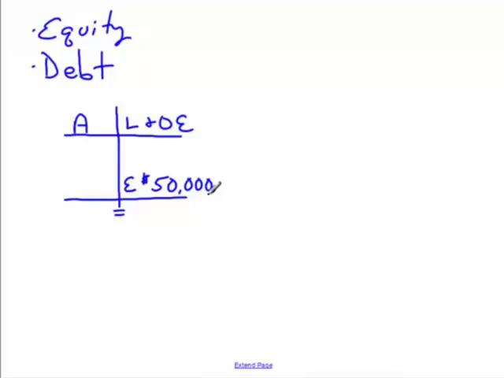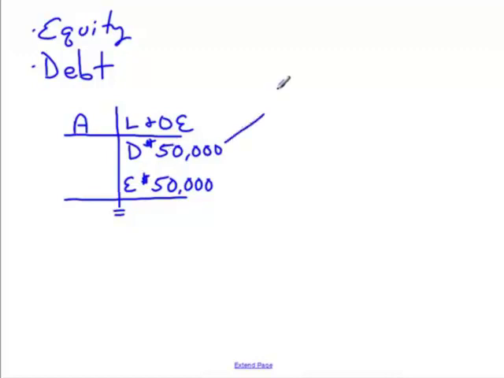We're concentrating over here on debt. The equity holders may invest $50,000, and let's say that the business activity borrows $50,000.